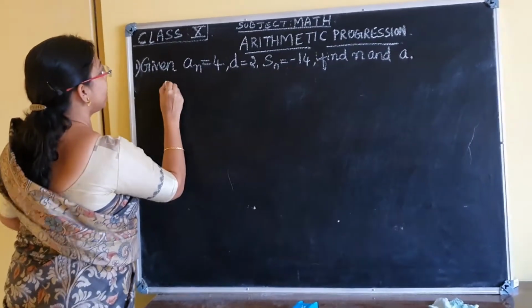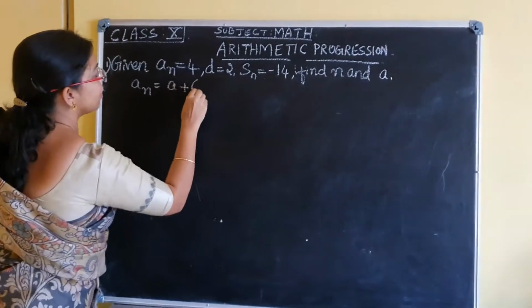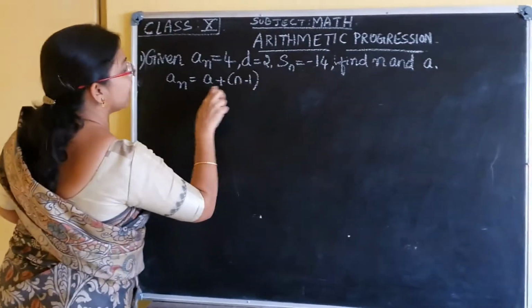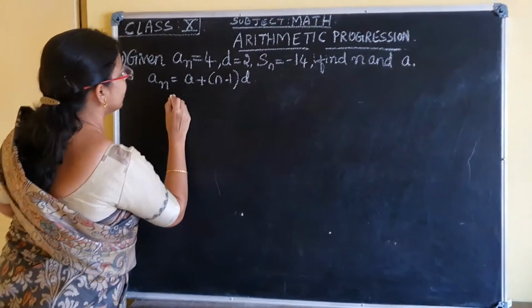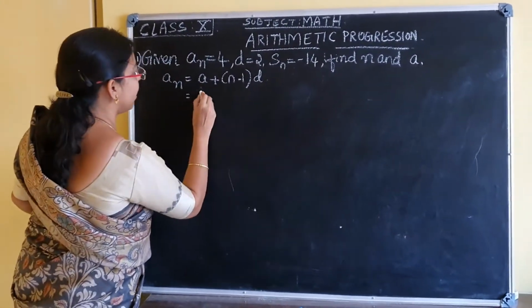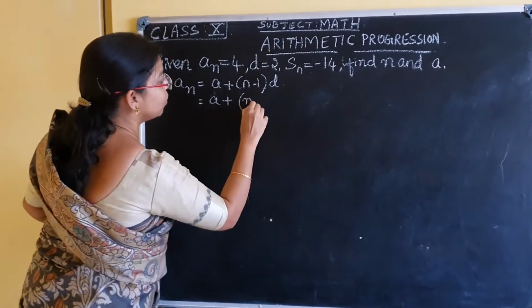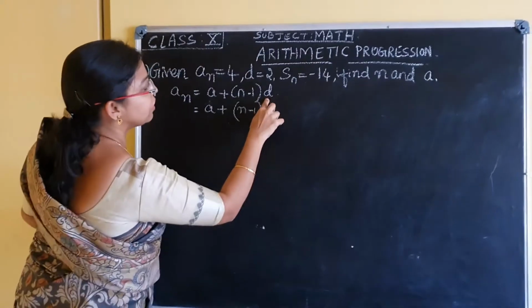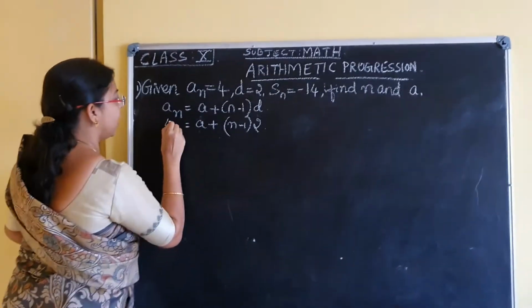So from an, we know that an is given by a plus n minus 1 into d. We don't know the value of a, so we will keep it as a itself, and n also we don't know, but we know the value of d, and we also know an.